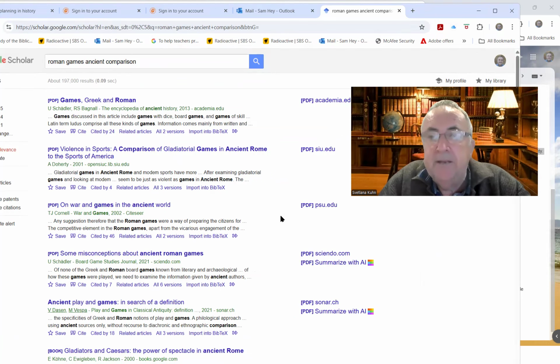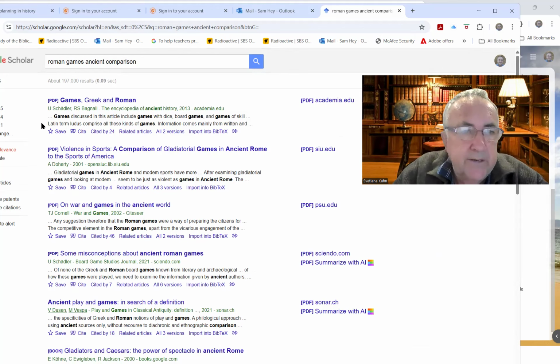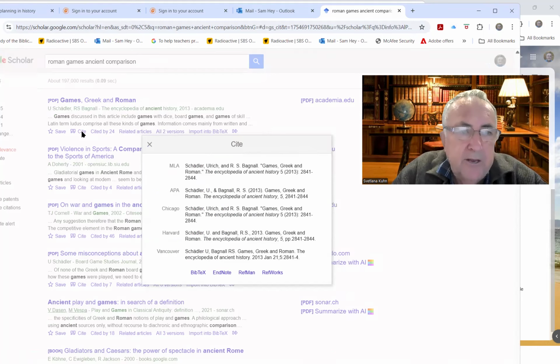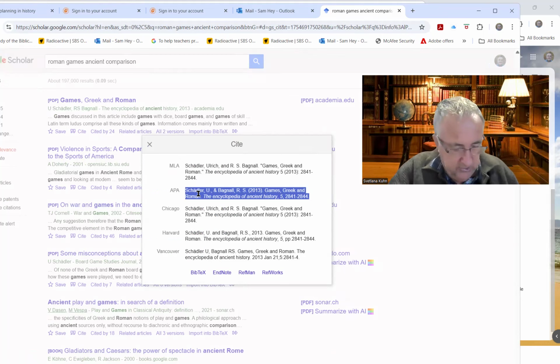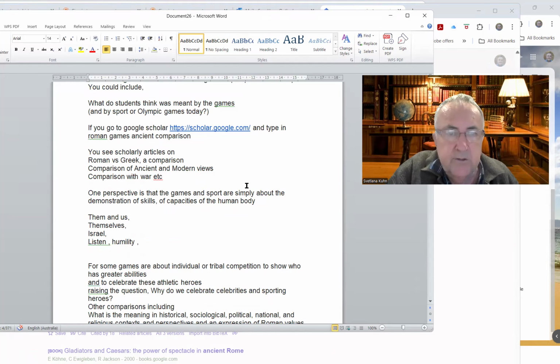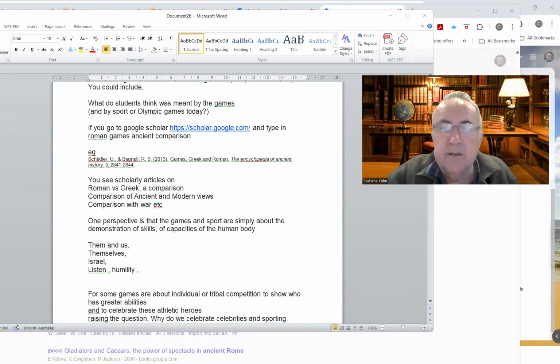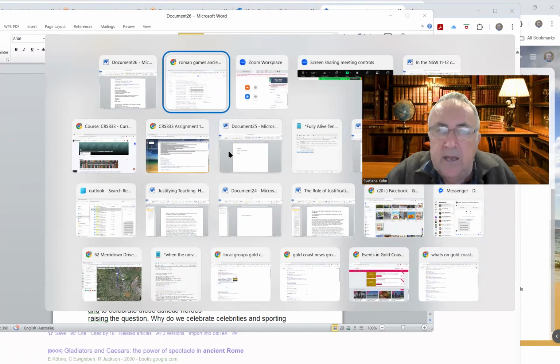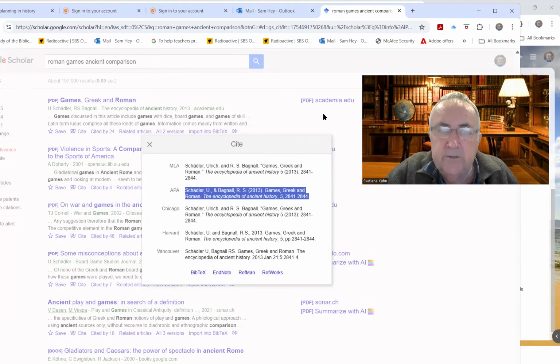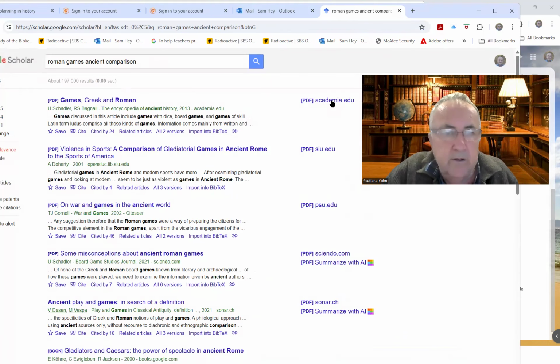And as I've suggested for your own resource, you could have an appendix or you can have a folder that you keep in which you put some of these resources. So notice here the first one that comes up under Roman games, ancient comparison, is a comparison between Greek and Roman games. If we click on cite, we can hit Control C, make a copy of that reference, and then we can go to that reference there, and we can read that, and then we can make some notes on that, and you've got a huge number of resources that you can use there, and it's not long before you've got thousands.